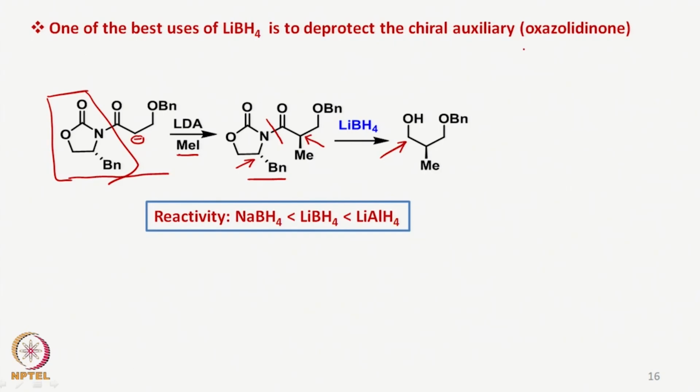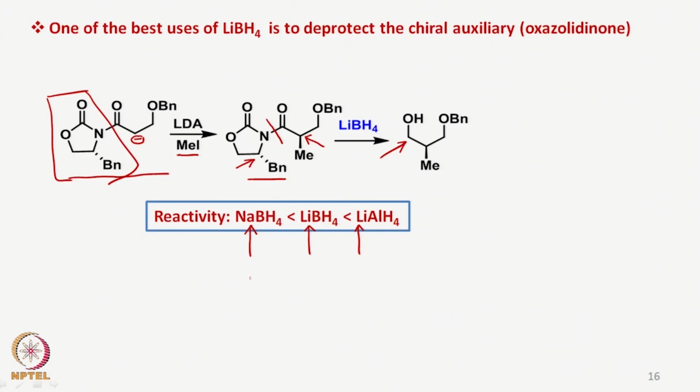If we look at the reactivity profile, sodium borohydride is much less reactive, lithium borohydride is more reactive than sodium borohydride, as we see in these examples, and lithium aluminum hydride is much more reactive than lithium borohydride.